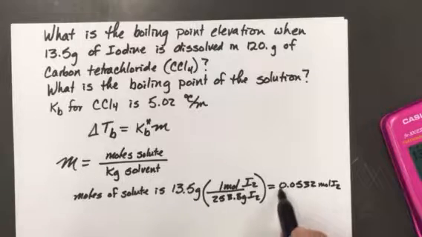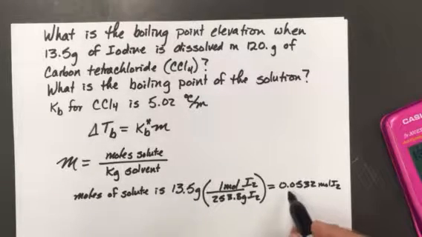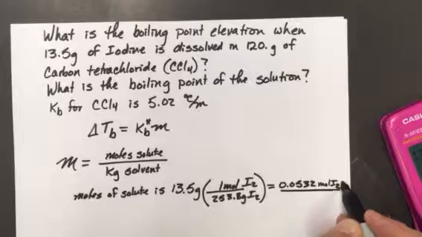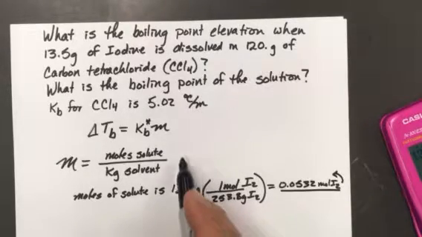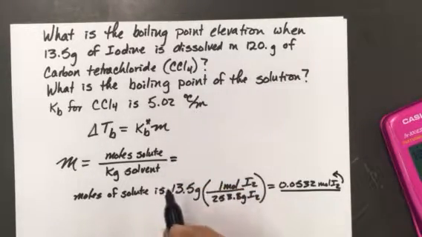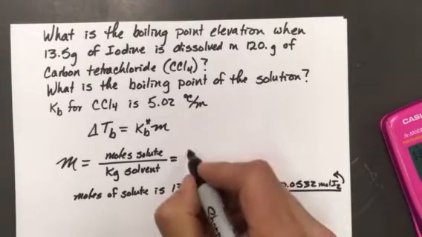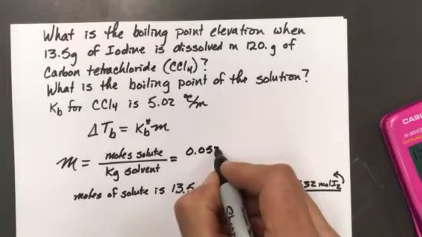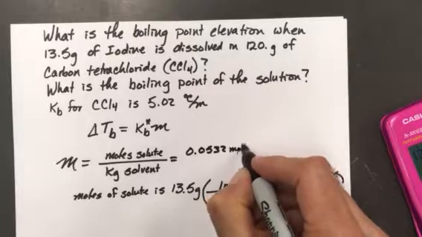So we've got this number, and I'm just going to plug this in right now because this goes up over into this equation right here. So I'm just going to extend this out and say moles of the solute equals 0.0532 moles of iodine.